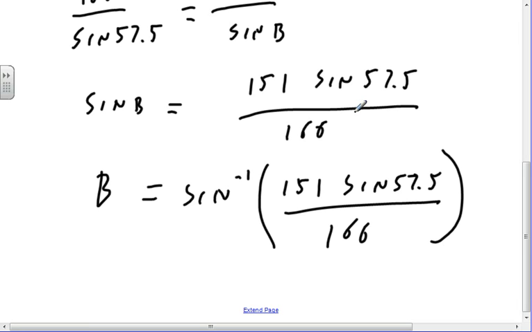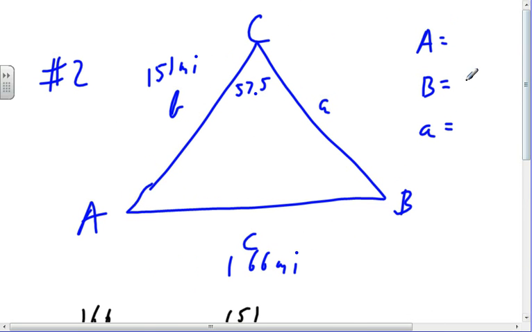Bummer. Left out a parenthesis. All right. Oh, maybe. Is it 49.6? What? 49.6 degrees. Okay, so I come back up here. B is 49.6.